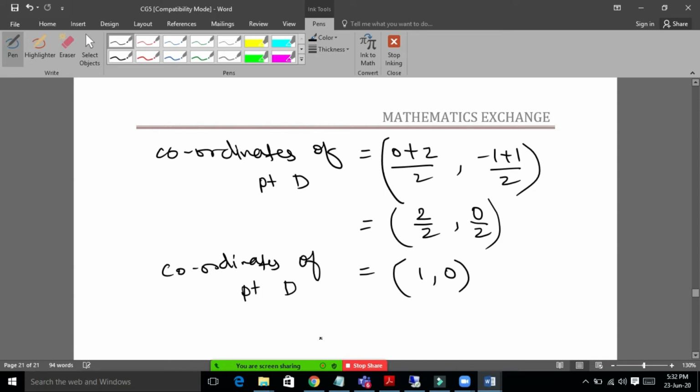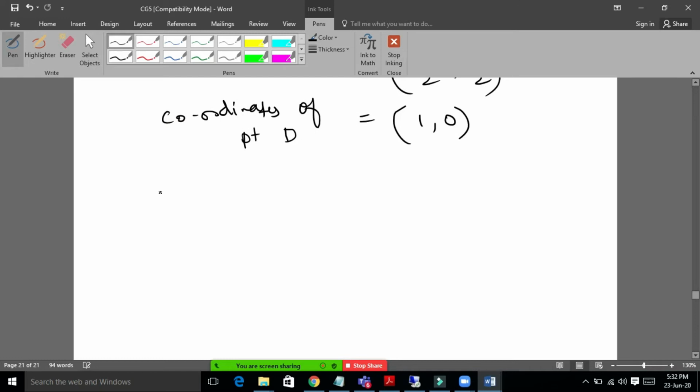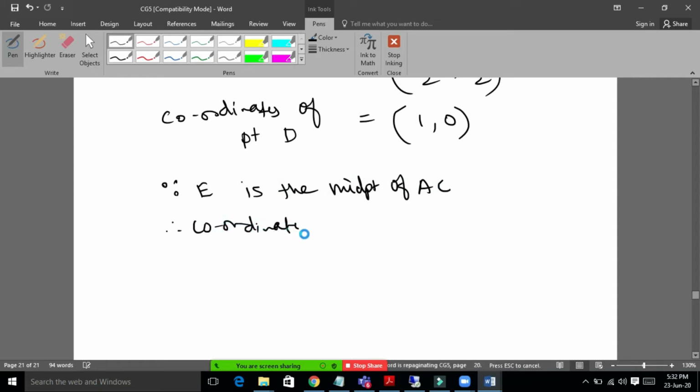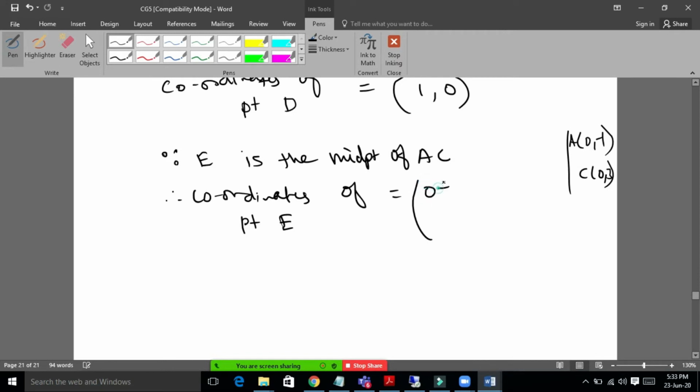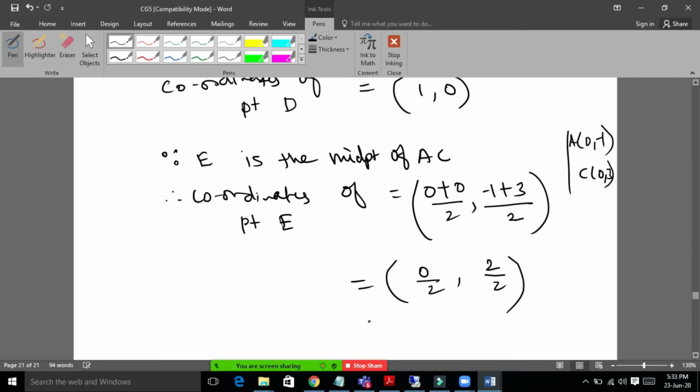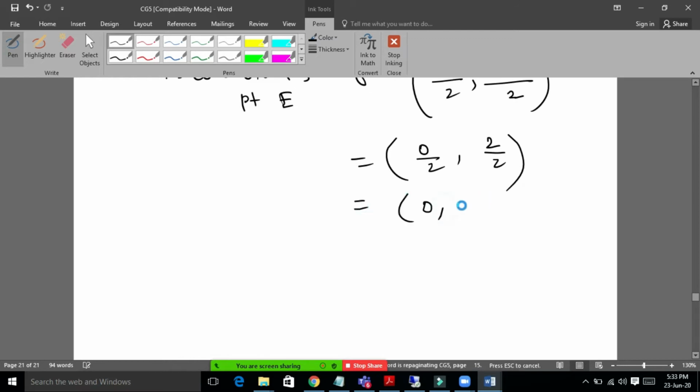Similarly we find the coordinates of points E and F. Since E is the midpoint of side AC, the coordinates of the point E are, again, A is (0, -1) and C is (0, 3), so (0 + 0)/2 comma (-1 + 3)/2, that is 0/2 comma 2/2, so we get (0, 1).